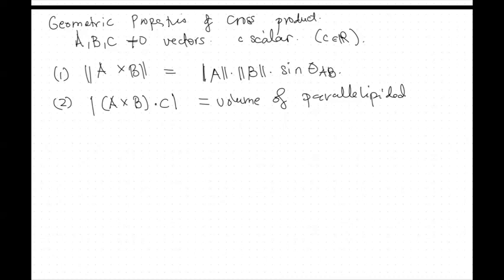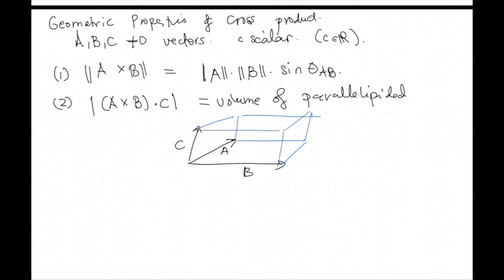As shown here, if you have A, B, and C, then you have an associated parallelepiped, a 3D object.